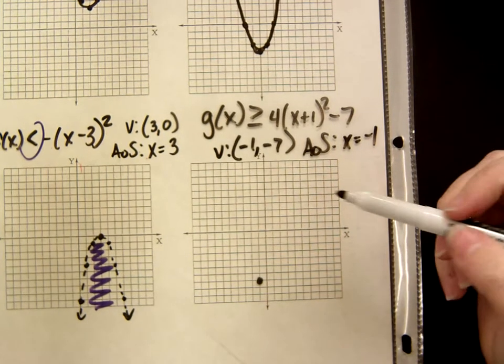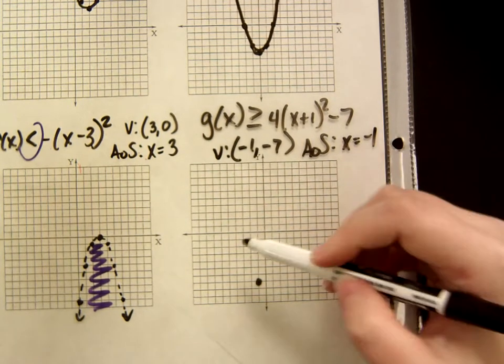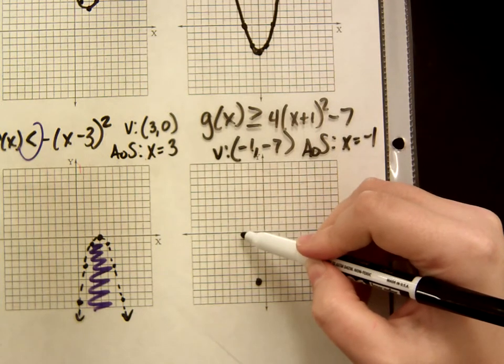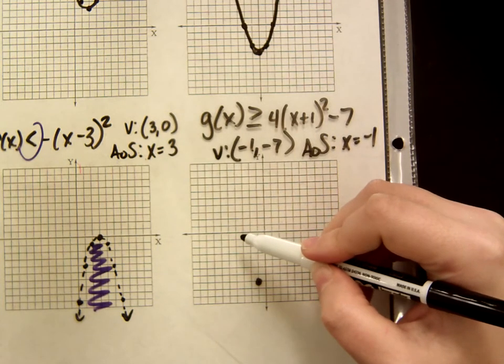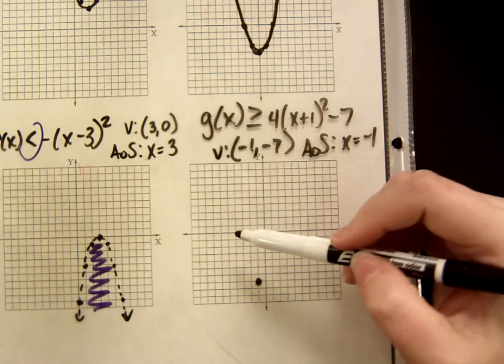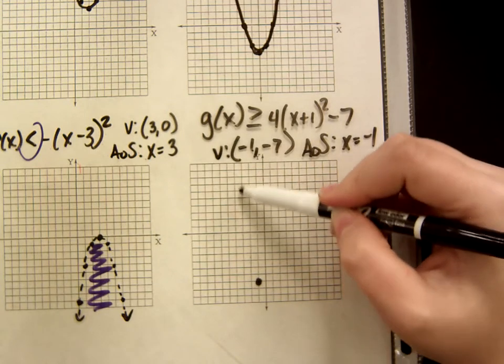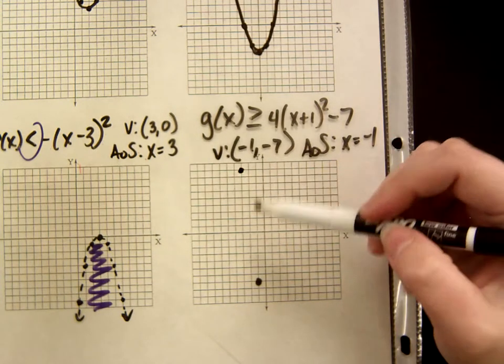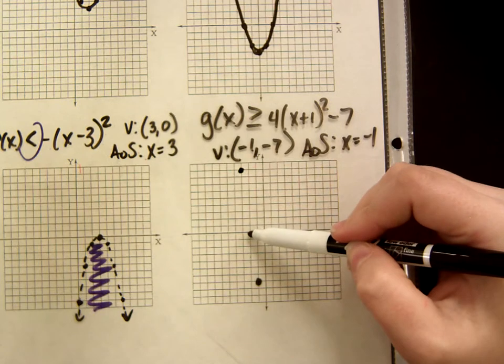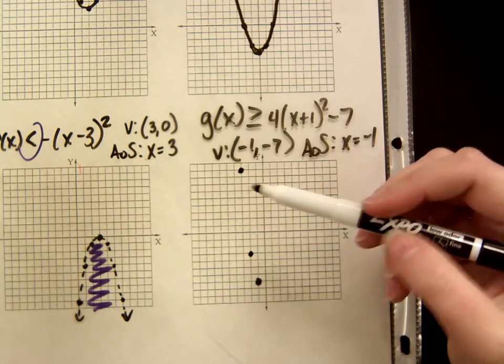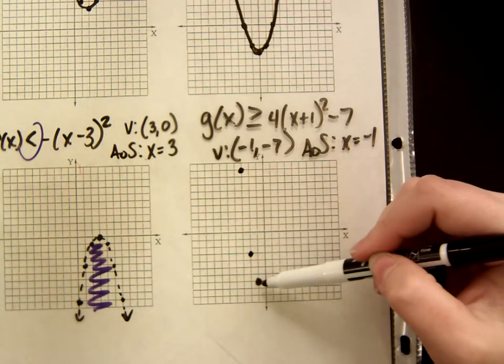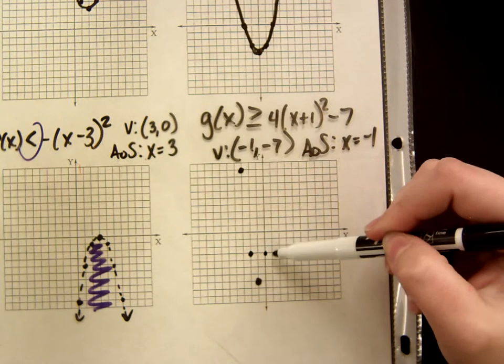So I can plot some points pretty quickly. Let's see, -3, -9, -2, -3, and then I've got that, and then they repeat on the other side.